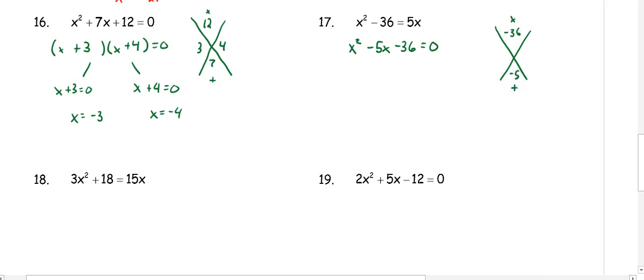So if I'm multiplying to a negative number, I need one of each sign. So I would have negative 9 and positive 4. So we have x minus 9 times x plus 4 equals 0. So when I switch my signs, I would get x is 9 and x is negative 4.